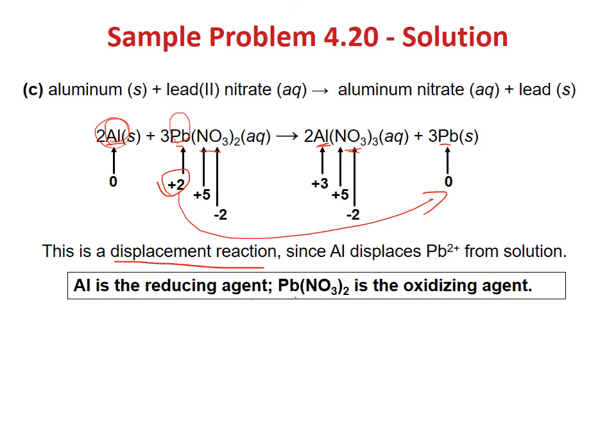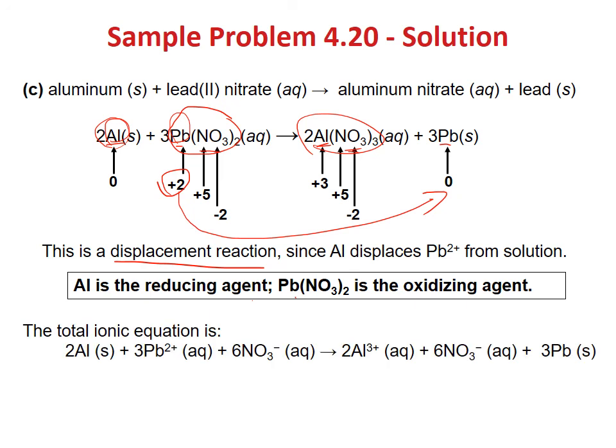To write the ionic reaction, we note that salts containing nitrate are highly soluble. So they dissociate into ions. So we write aluminum, lead ion, nitrate ion, aluminum ion, nitrate ion, and lead.